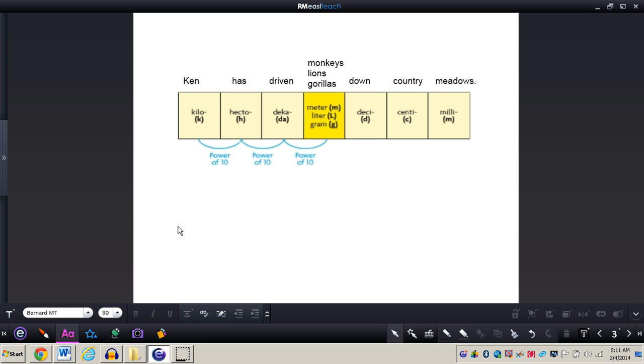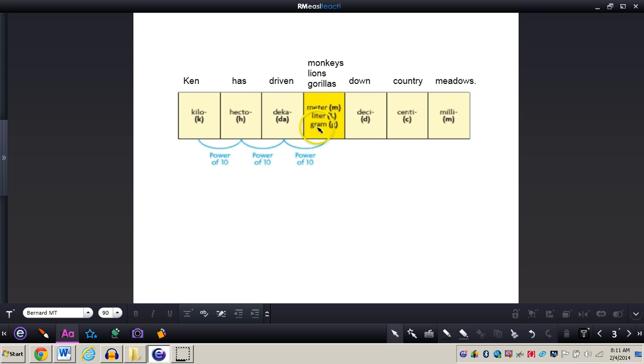Each unit is 1 power of 10 greater than the unit to its right, and 1 power of 10 smaller than the unit on its left. So I can see that a meter, for example, is 1 power of 10 smaller than a decameter. However, a meter is 1 power of 10 greater than a decimeter.